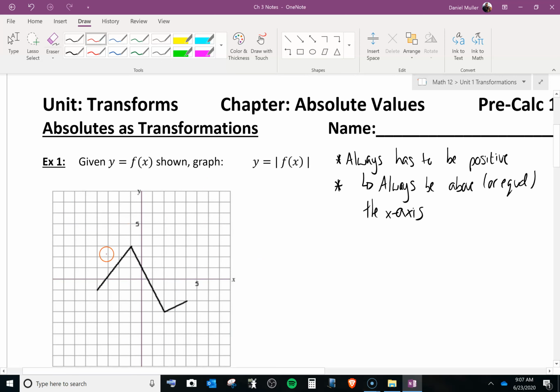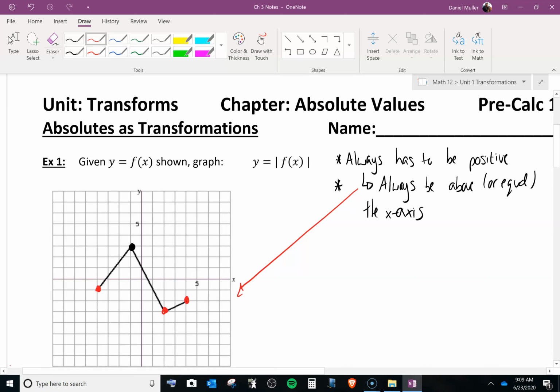So what does that actually look like? So any points here, whoops, I've got this point and this point here. So why did I put these ones in red compared to this one, which is in black? I did it in red because these are the ones that are below the x-axis, and I need them above the x-axis.